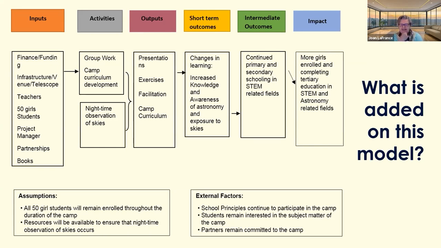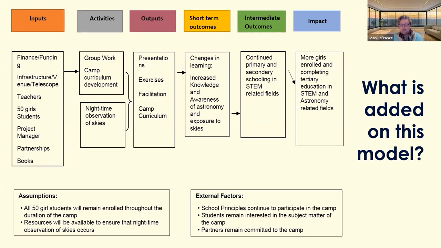But then they have this thing called external factors. I just erased that because school principals continue to participate in the camp. I guess they're external because they're not the 50 students, but that is an assumption that your principals will continue to participate, that the students will remain interested, and that the partners remain committed to the camp.